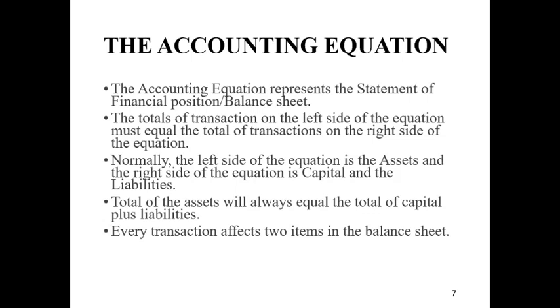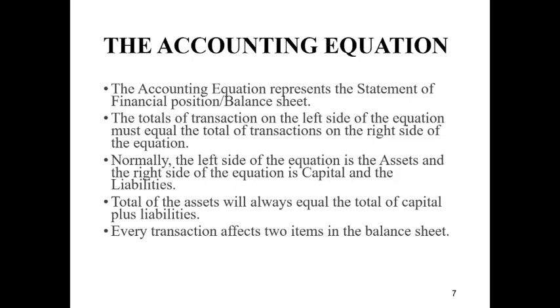So now, in a nutshell, the accounting equation represents the statement of financial position, or the balance sheet, as it were. The totals of transactions on the left side of the equation must equal the total of transactions on the right-hand side of the equation. What does that mean?